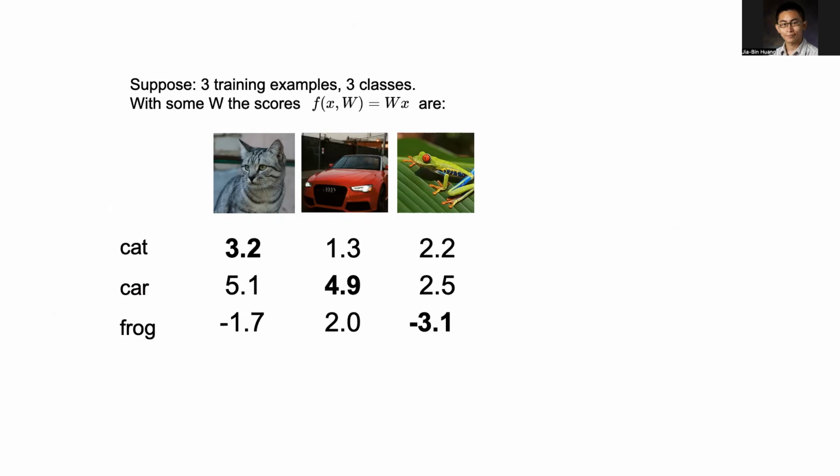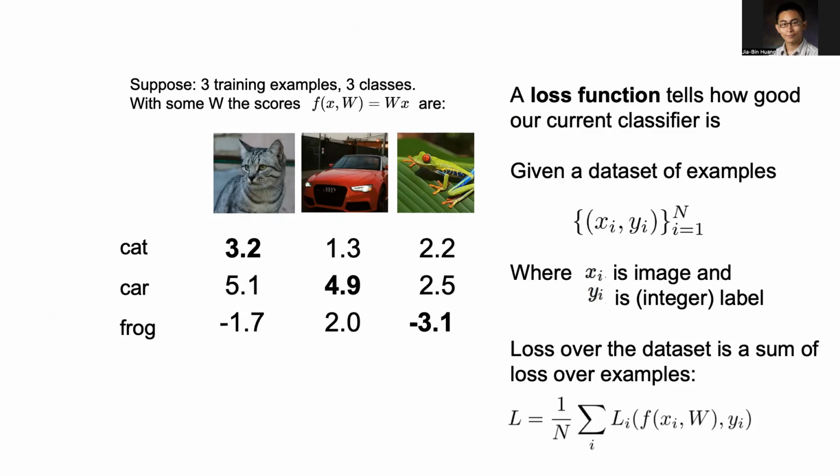I give you parameters, the parameters give me the scores, and the goal is to come up with a single number that summarizes how unhappy you are, based on the training examples. So basically the idea is that you want to summarize how unhappy you are.